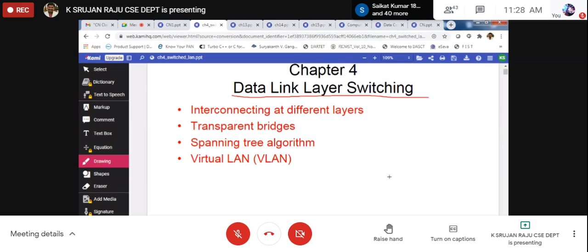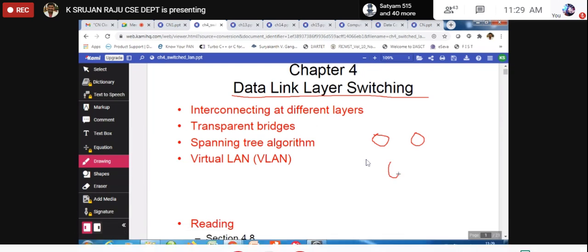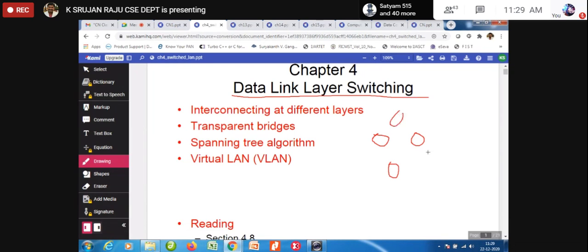Now imagine we are talking about a particular university or any particular thing. Never are we going to have the same type of networks available. We already discussed that not every network is going to have the same type.